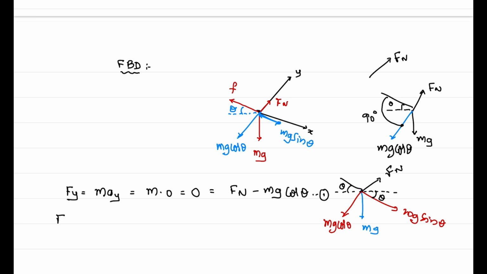Now, Fx is equal to max, that is equal to ma. mg sin theta is towards the downwards of the inclined plane in the equation of motion, mg sin theta minus your frictional force, where F is equal to frictional force. Let us see.